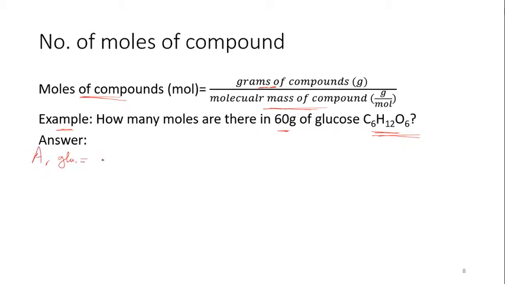It would be equal to 6 carbons with relative atomic mass 12, and 12 hydrogens with relative atomic mass 1, and 6 oxygens with relative atomic mass 16. This would be equal to 180.